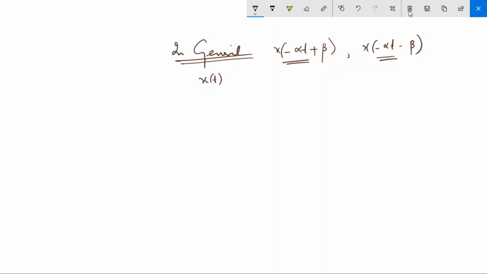Okay, so how many possibilities are there to get x of minus alpha t plus beta? Okay, so you can have a tree structure like this. You might apply first fold, or you first shift, or you first scale it. Okay, let me make this more clear.